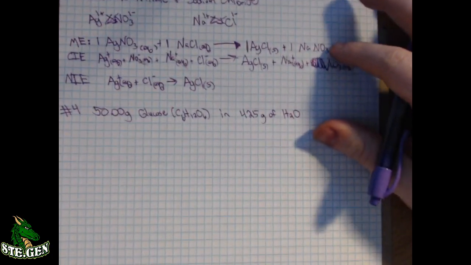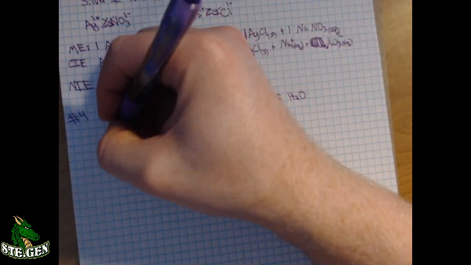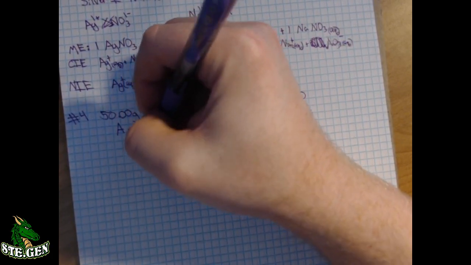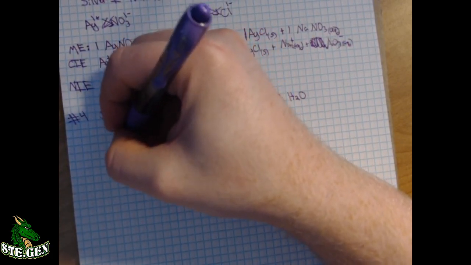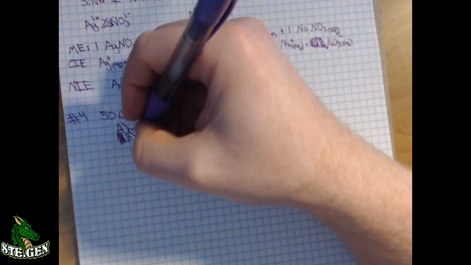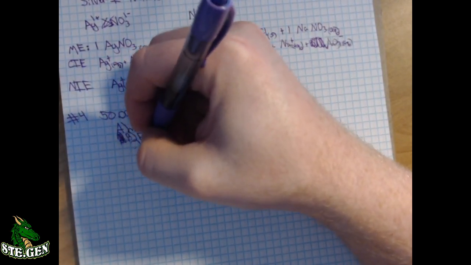So 425 grams of water. And then we want to know, for A, molality. For B, we want to know freezing point. And C, we want to know boiling point.